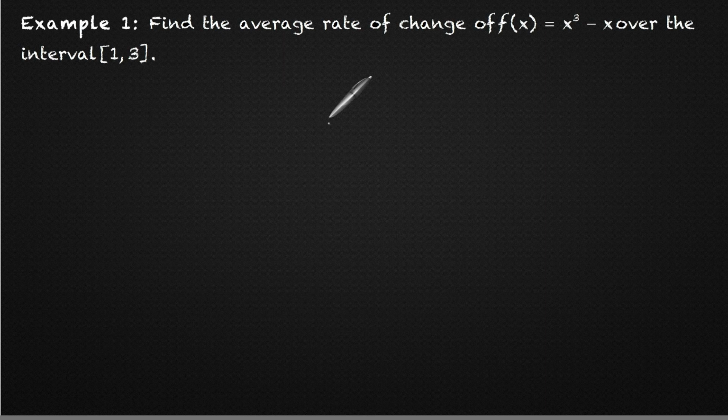So the first problem we are faced with is to find the average rate of change of f of x equals x cubed minus x over the interval 1 to 3. Essentially, we can simplify this, and what we're looking for is the total change in the y-coordinate divided by the total change in x. We've seen this before. This is your basic slope.